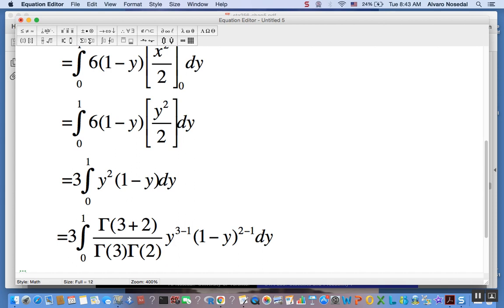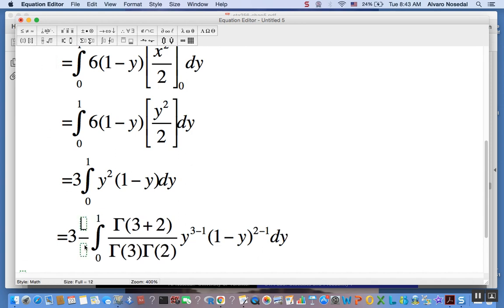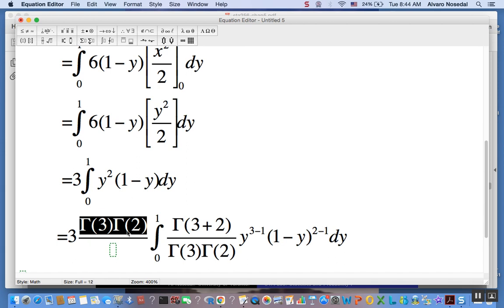Agreed? Now we are multiplying by this, we're dividing by this. Those are constants, so if we multiply by gamma at 3 and gamma at 2 and divide by gamma at 5, we're not doing anything wrong. It's just a 1.